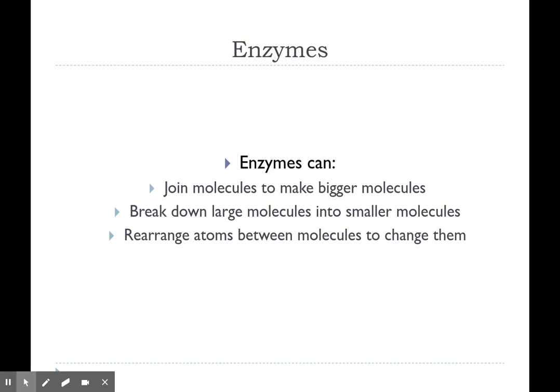They're joining molecules to make bigger molecules. Enzymes can also break down large molecules into smaller molecules. And then an interesting one is that enzymes can take two molecules and rearrange the atoms between those two molecules. That actually, in effect, changes both molecules to create two new substances.